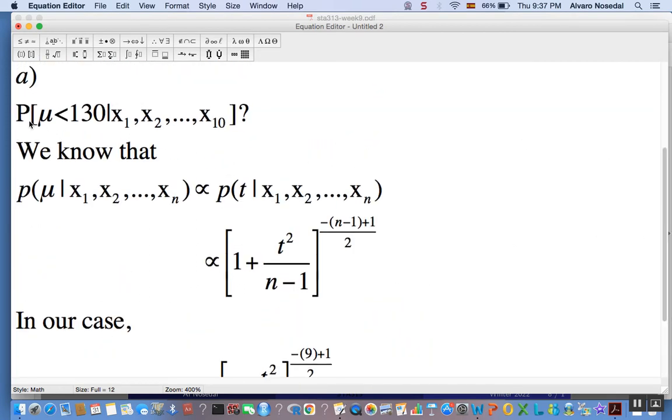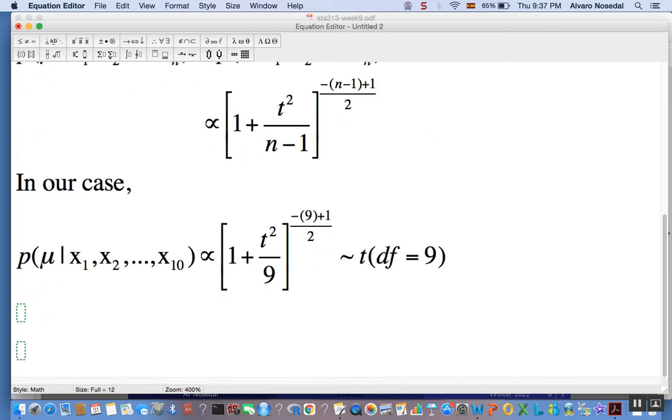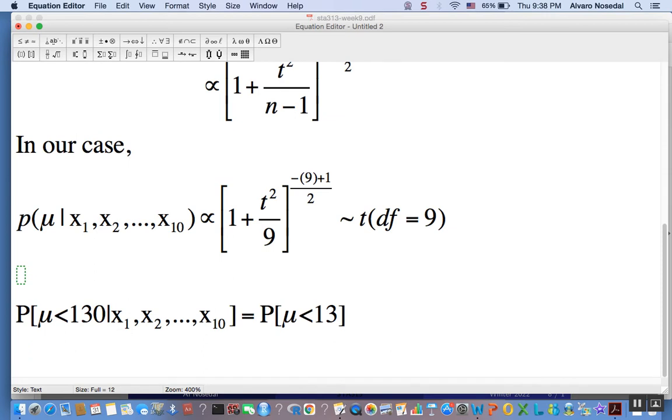Now, given that we have observed a sample of size 10, let me just drop that explicit conditioning. Okay, so, next step.